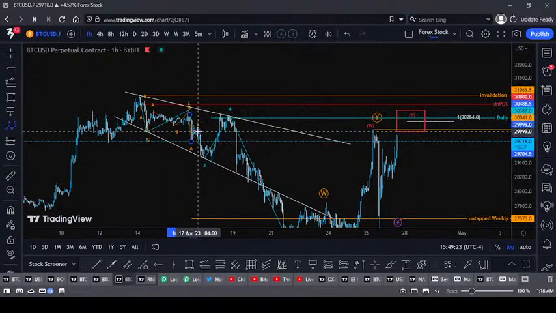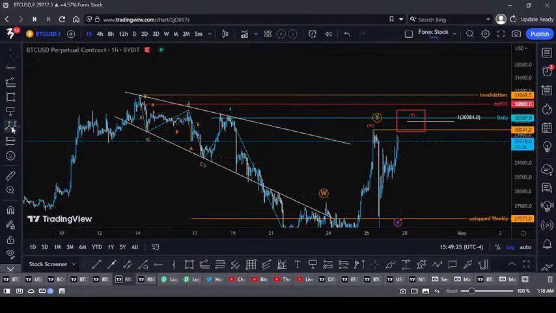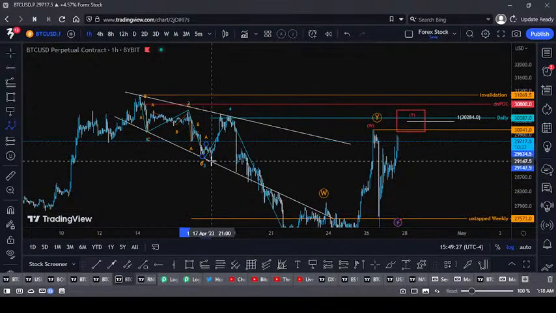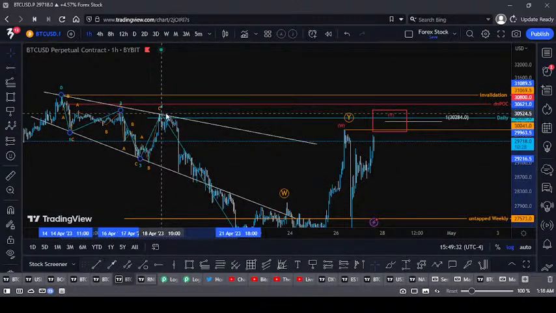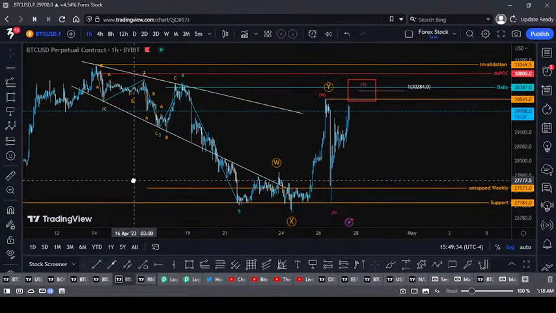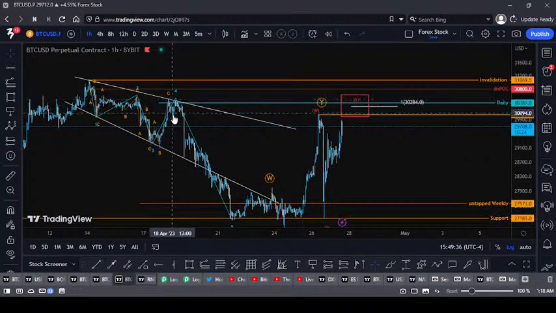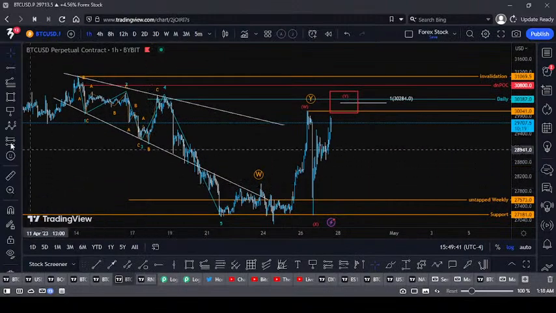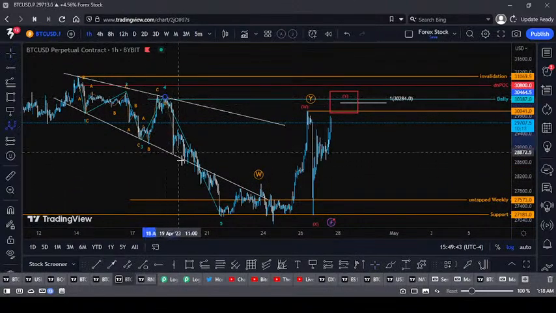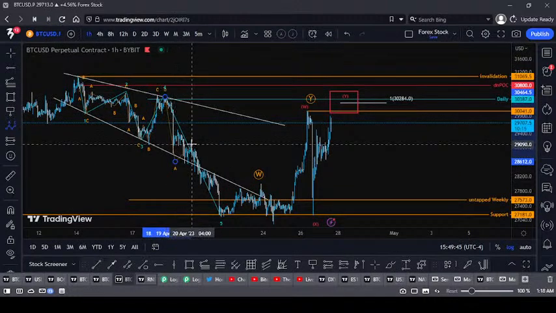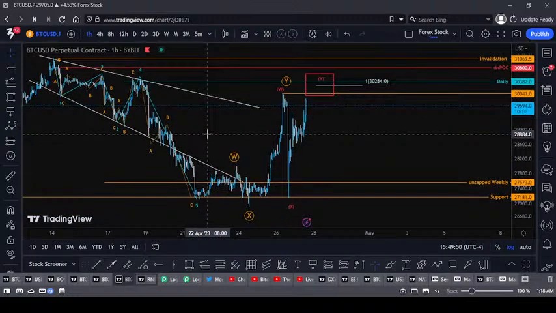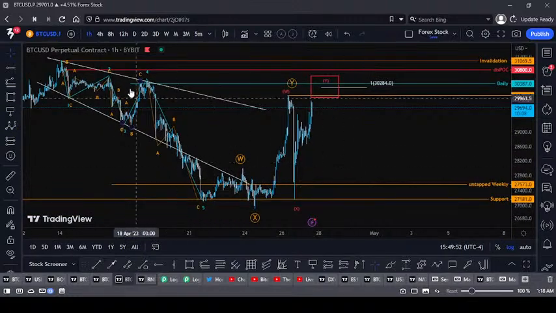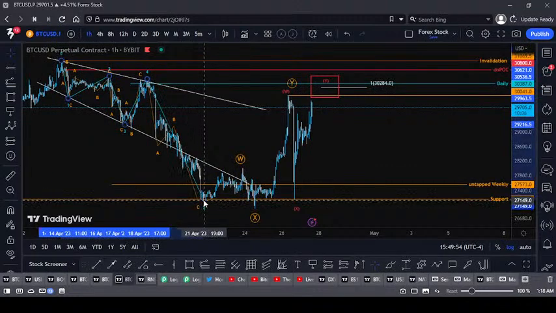Basically there's less noise, A, B, and C, and now we see the fourth wave to the fifth wave, which also consists of an ABC, but the ABC is subdivided into one, two, three, four, five. So you can say this is A, B, and C. Yeah. So this is the whole fifth wave ending here.